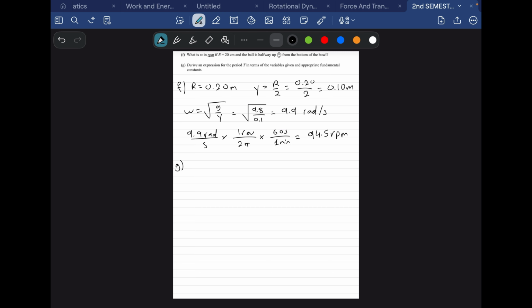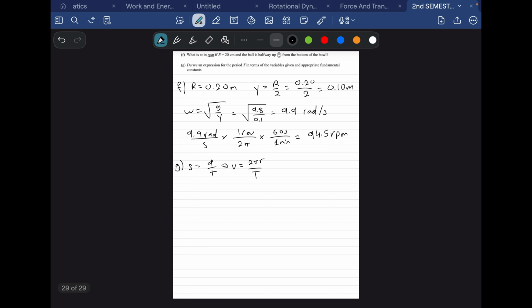And then for part G, we want an expression for the period. So we know that v is equal to the distance, or in this case speed, is equal to the distance over time. So it's just v is equal to 2 pi r, which is the circumference of a circle, over the time period, T, right?